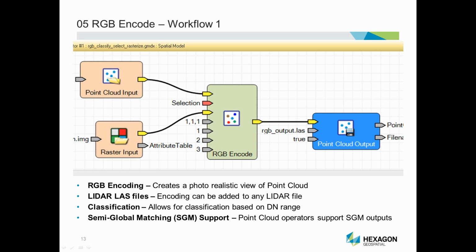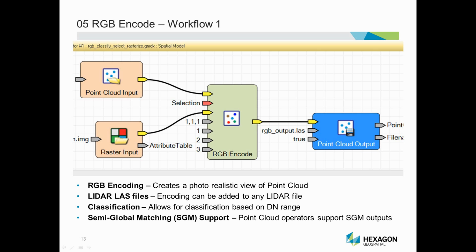LIDAR and LAS files, encoding can be added to any LIDAR file. So if you have previously collected LIDAR data that isn't RGB encoded already, it's very simple to grab the color from, like I said, an existing mosaic file and encode the LIDAR files so that they look like this 3D view of a point cloud.